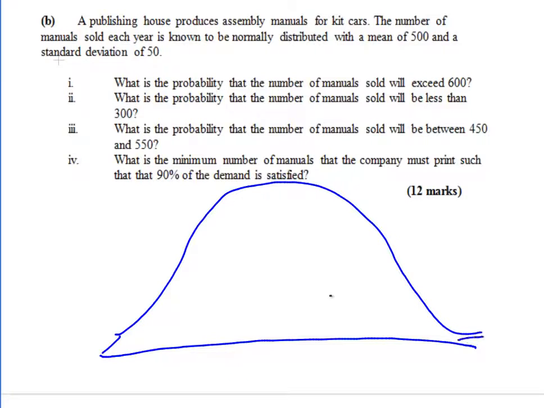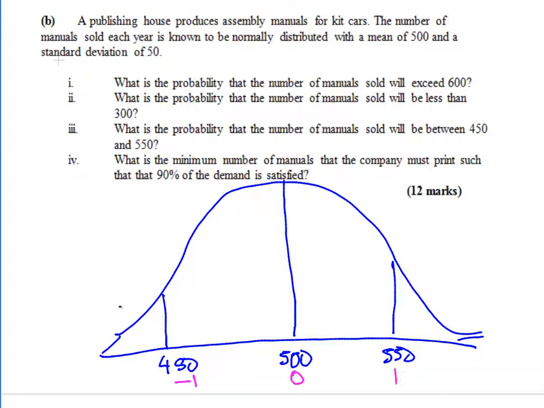So this is 500, this is 550, and this was 450. Now we'll put in the z-scores beside them. This is -1, that's always 0, and that's always 1. The x values on that side are in blue.